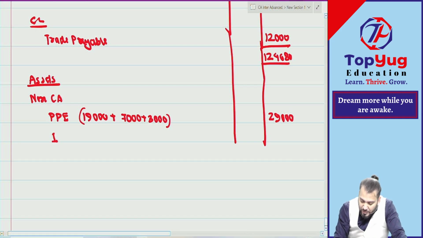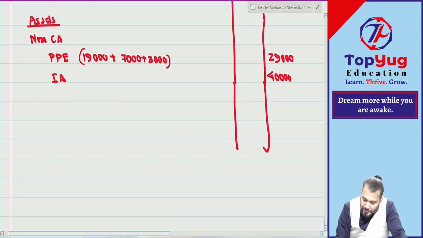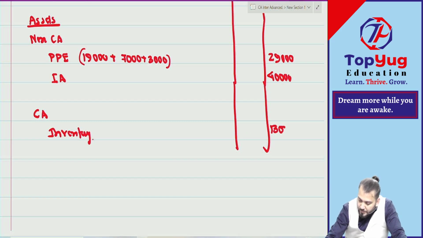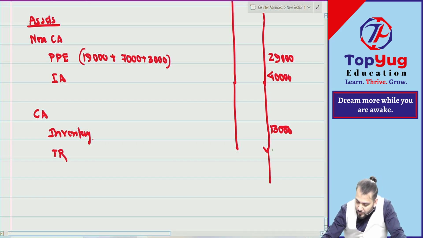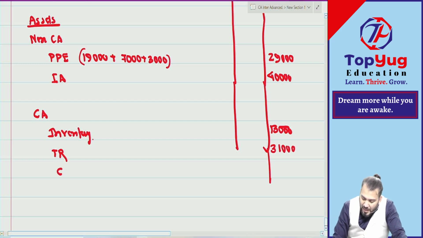Then we have intangible asset goodwill, how much? 40,000. Very good. Then current asset inventory, how much? 13,000. Then we have trade receivable, how much? 31,000. Can the cash and cash equivalent you need to work out? What was the opening balance given? 16,300.